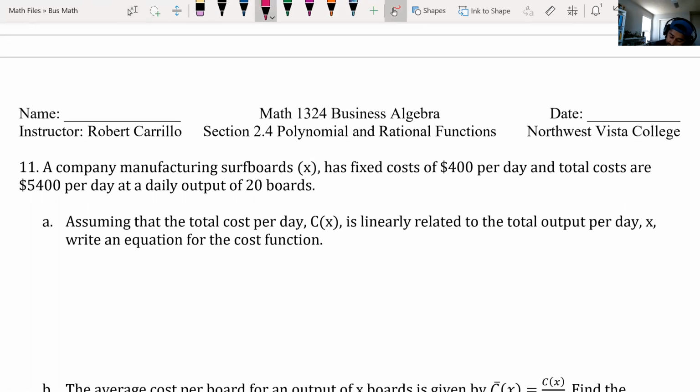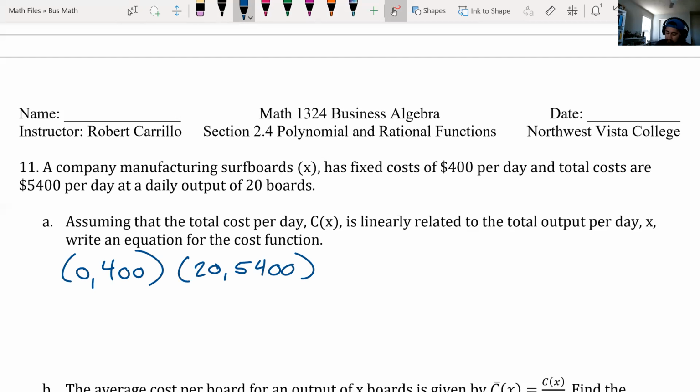So the first point says that even if we sell 0 boards, we're going to pay $400 per day. The second point says if we sell 20 boards, our cost is going to be $5,400 per day.